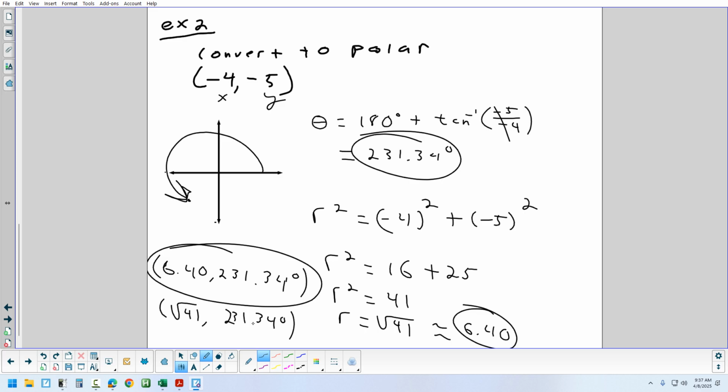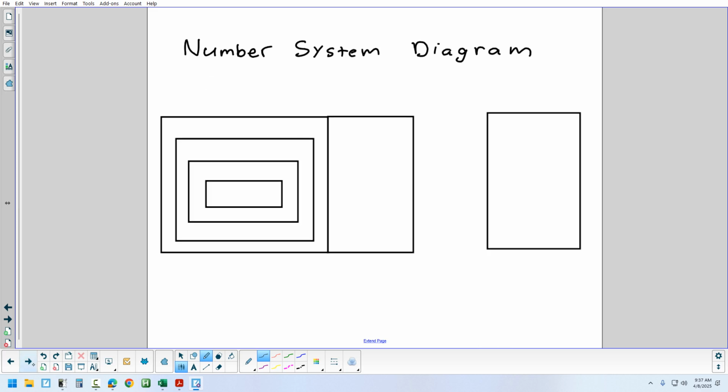Okay. So the last thing we're going to look at, we're not going to finish this, is complex numbers. So when we're dealing with complex numbers, the first thing I like to do is just look at all the numbers that we know about, different number sets, and see where do complex numbers fit in to the big picture.